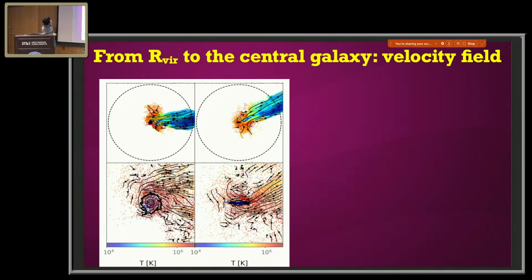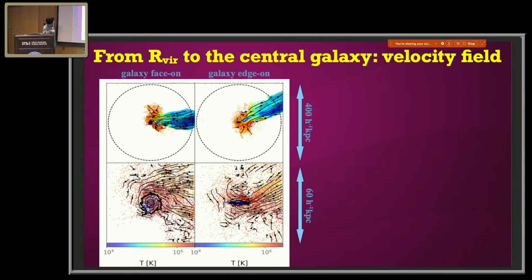So we also check the velocity field. Here it shows the same filament both face-on and edge-on, and we have two scales. The top panel shows the halo scale, where the dashed line still represents the Weyl radius.